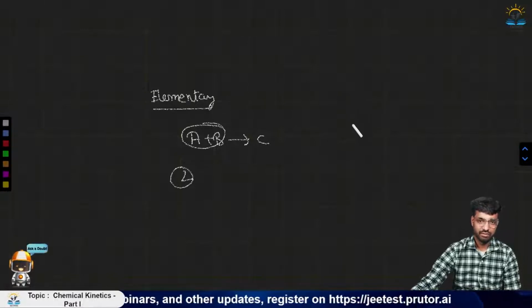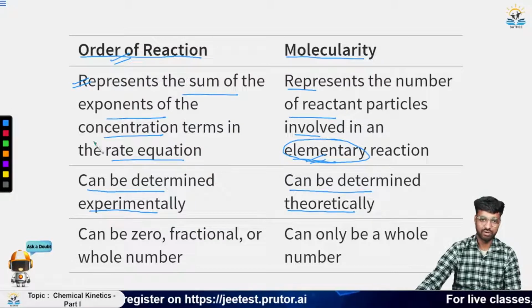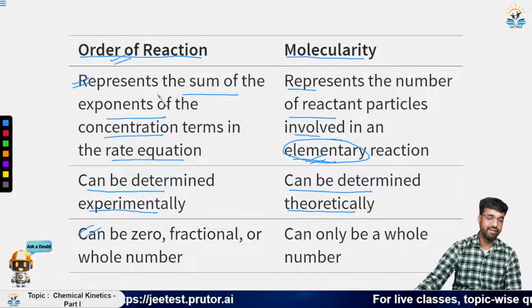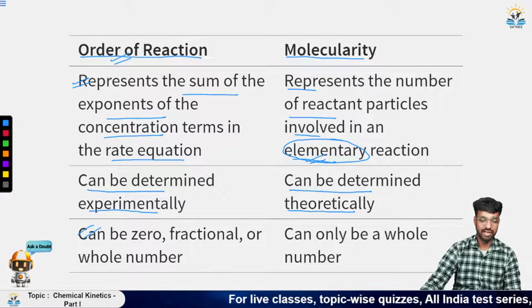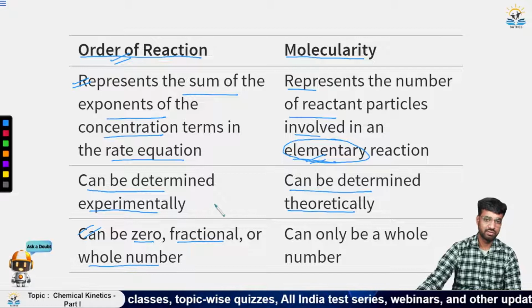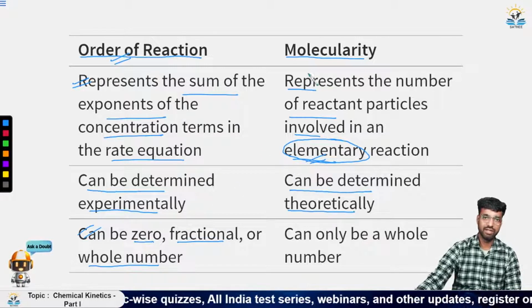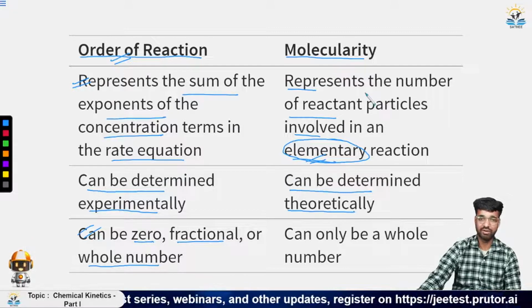But in case of order of reaction, then you have to think about it. Now the main difference which you have to remember is that the order of a reaction can be 0, can be fractional, or can be a whole number. It can be anything. But it is not the case for molecularity, because it is the number of molecules that are colliding.